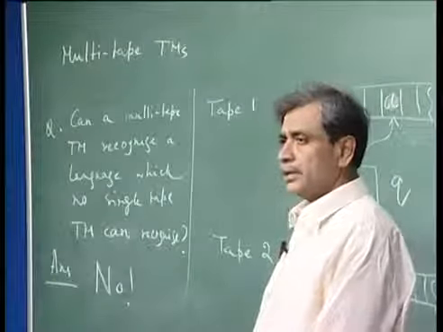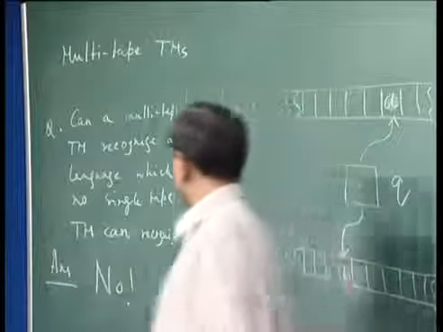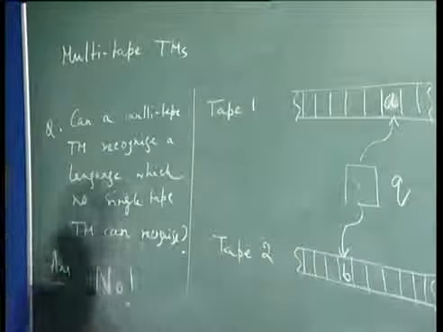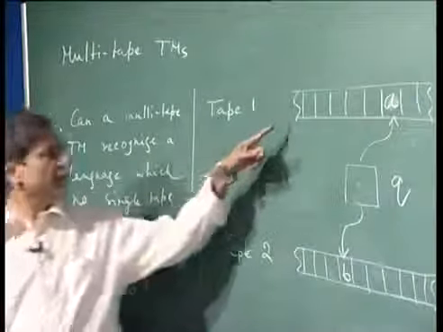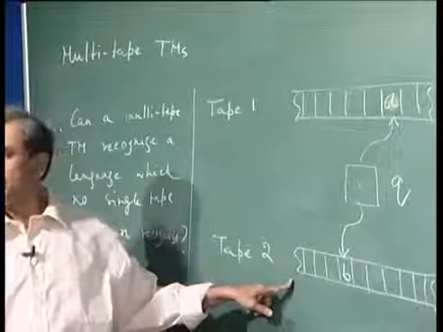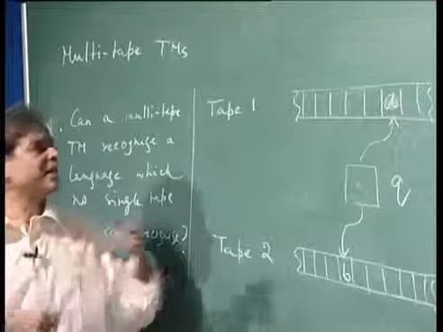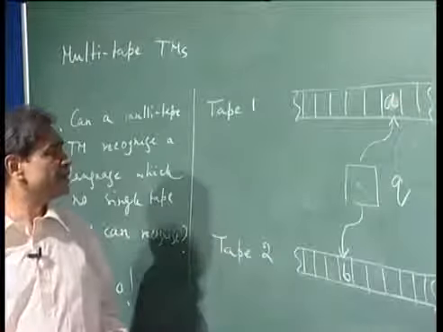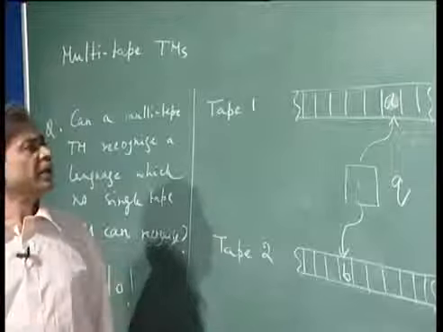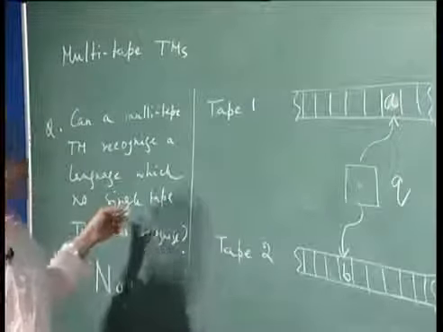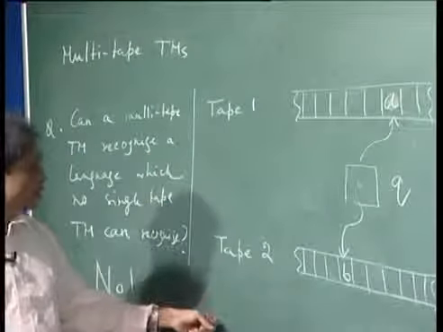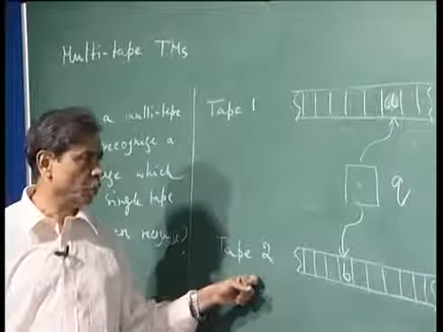And this proof of this answer we would like to illustrate by means of an example where we have two tapes, and the same idea that we use in this example can carry over to multi-tape machines with number of tapes which is more than 2.